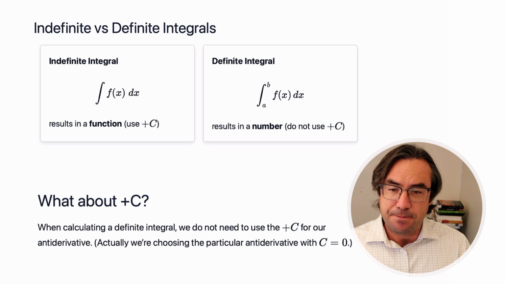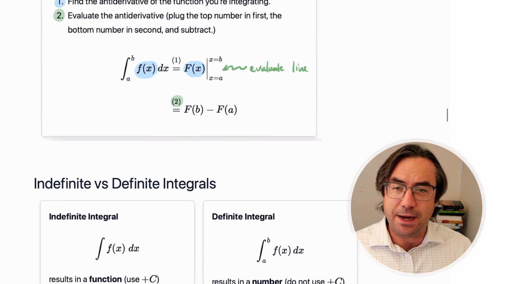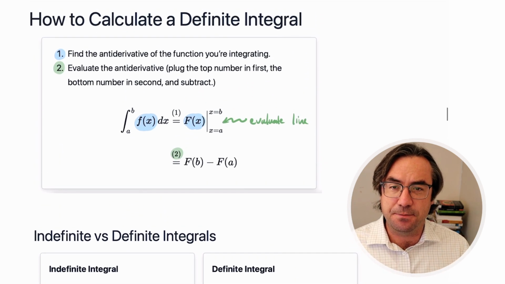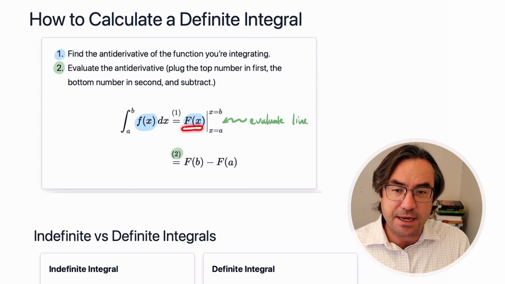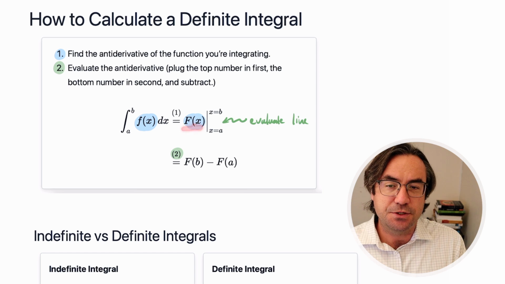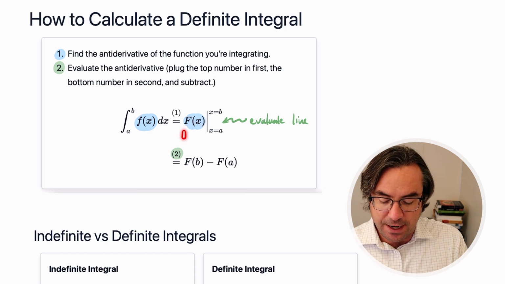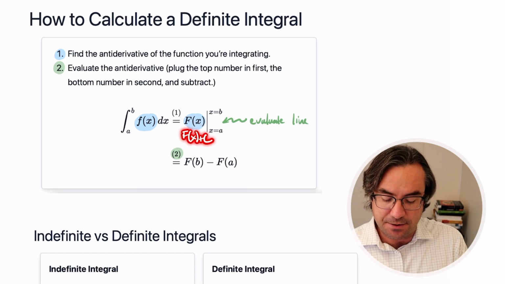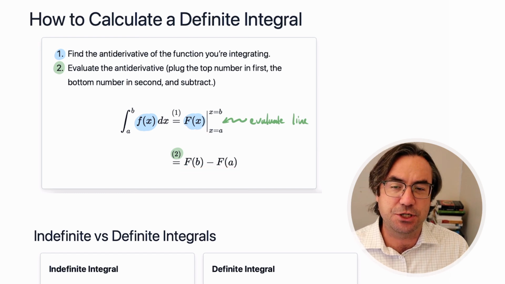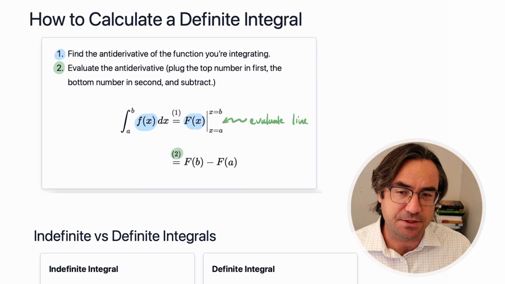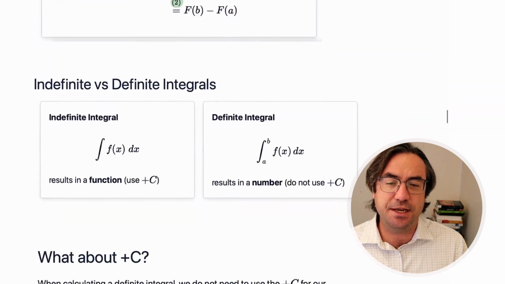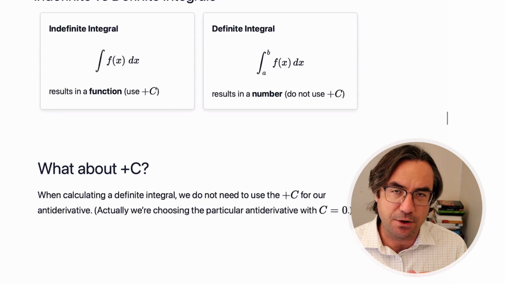Actually, if we go back up to this process, it works for any antiderivative. We could have our antiderivative plus c, and then when we do the subtraction, the c's would just cancel off. So it's easier to just take c to be 0, and we don't have to worry about it.